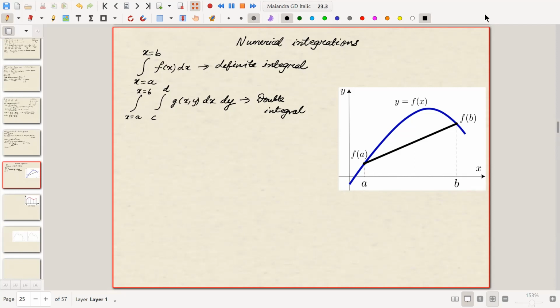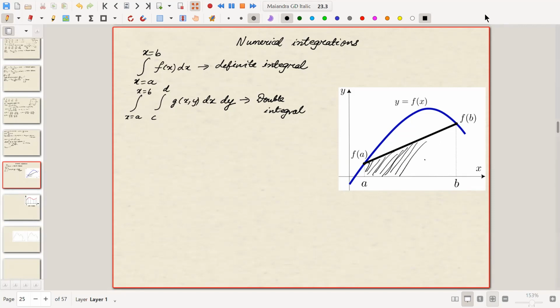You have x equals A, corresponding to that f of A, and x equals B, corresponding to that f of B. By fitting a straight line, we integrate that straight line equation over the interval A to B and find that area. If you find that area, what area will it be? It will be this area, right?